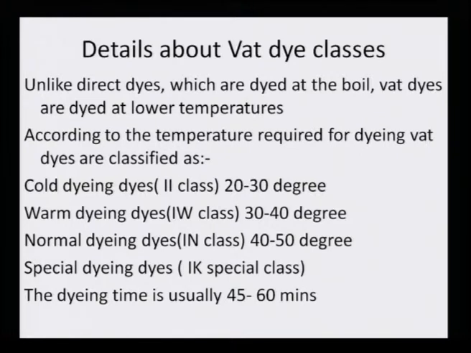Normal dyeing dyes, that is the IN class, require 40 to 50 degrees, and special dyeing dyes, that is the IK special class, require a temperature according to what is prescribed on the packet. The dyeing time is usually 45 to 60 minutes. So, that means within an hour the vat dye is already taken up by the fabric. That is why its suitability for cotton dyeing is very advantageous for the dyers.